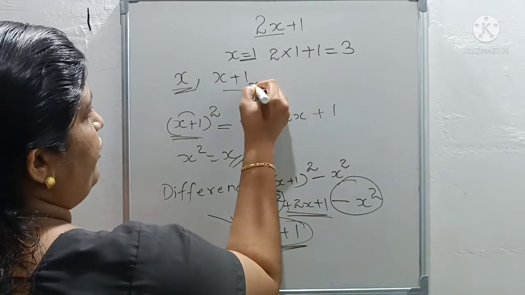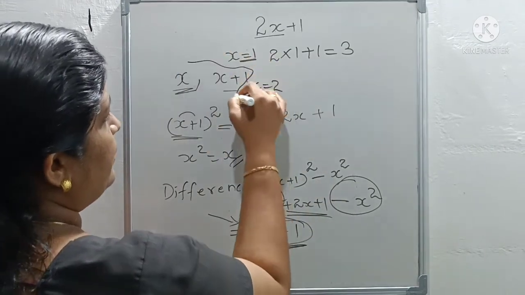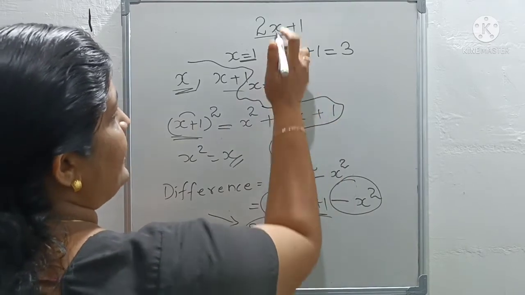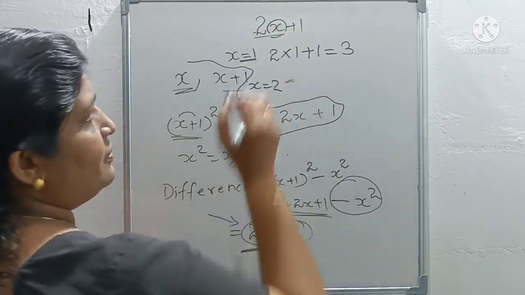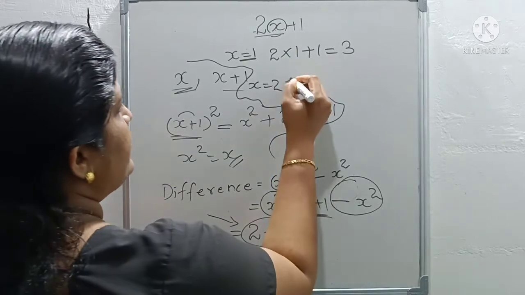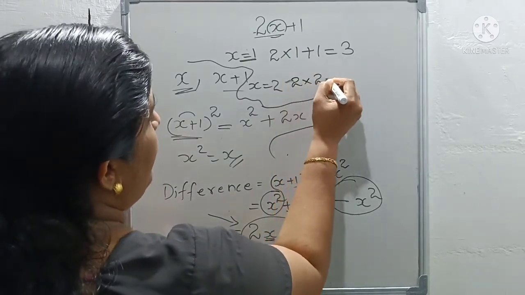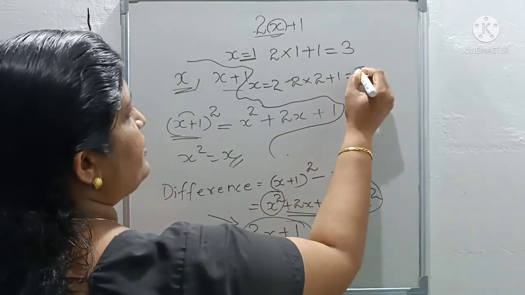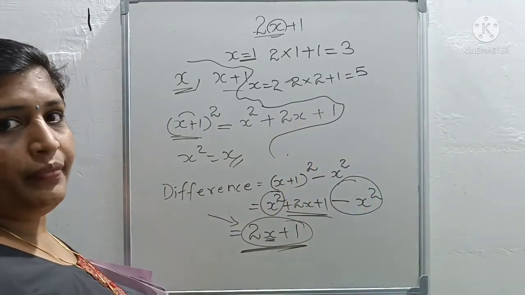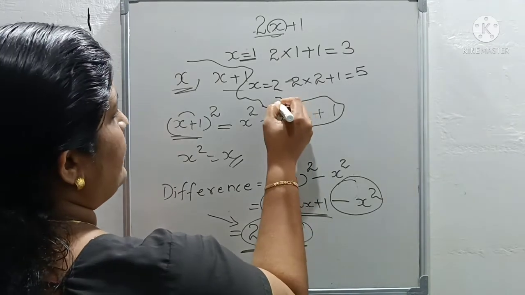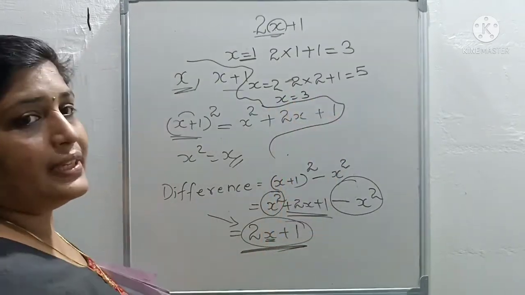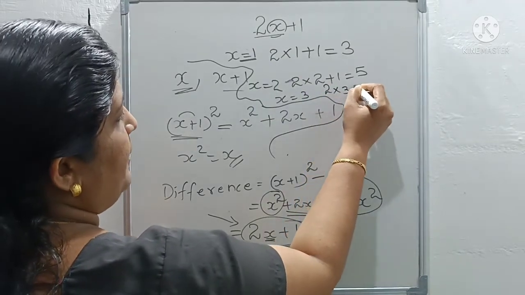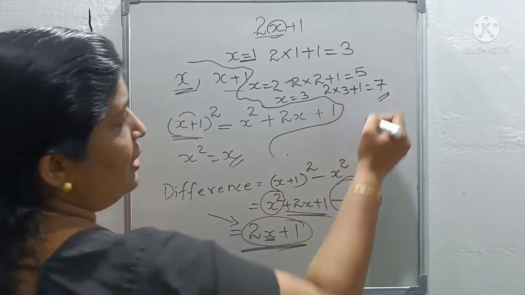Then if x is equal to 2, in the place of x we substitute 2, that is 2 into 2 plus 1, which is 4 plus 1 is equal to 5. Then x is equal to 3, that is 2 into 3 plus 1 is equal to 7.